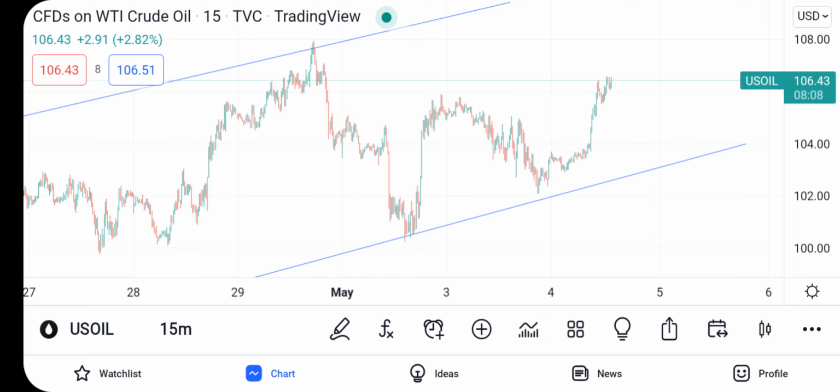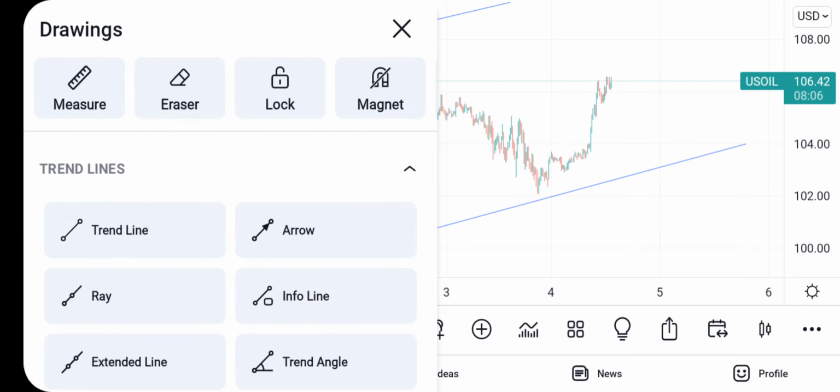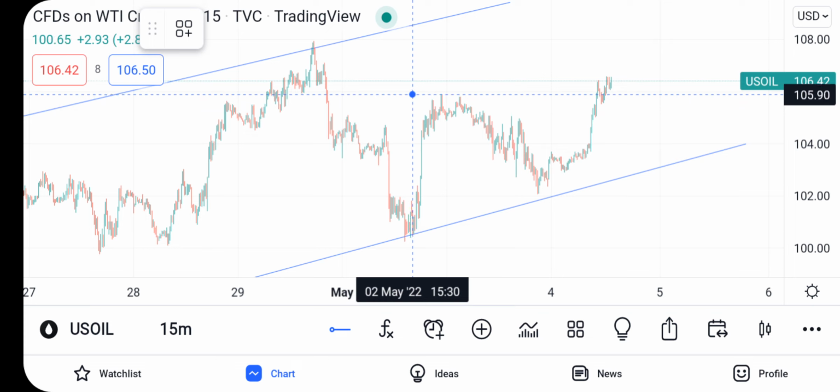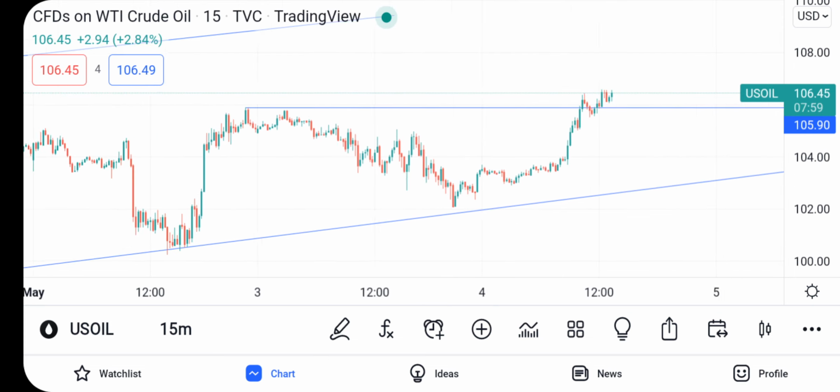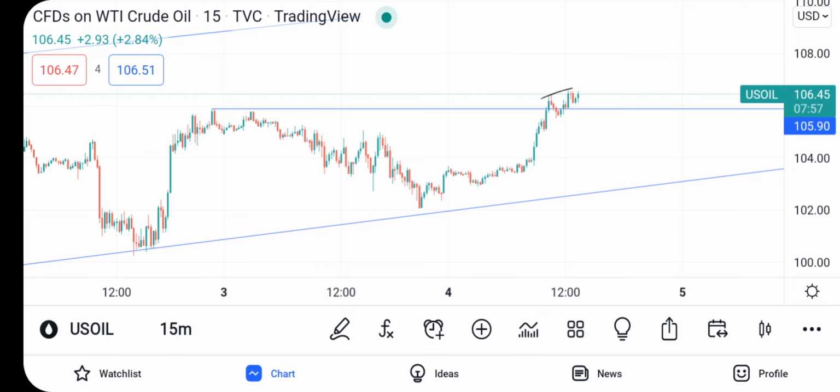Yes, I'm seeing something, because this one was my top on the 15 minutes, and the market is trying to make a price action there. So I'll wait for it to break down so I enter. My stop loss will be there. Try to catch the move to the downside, guys. So that was oil.